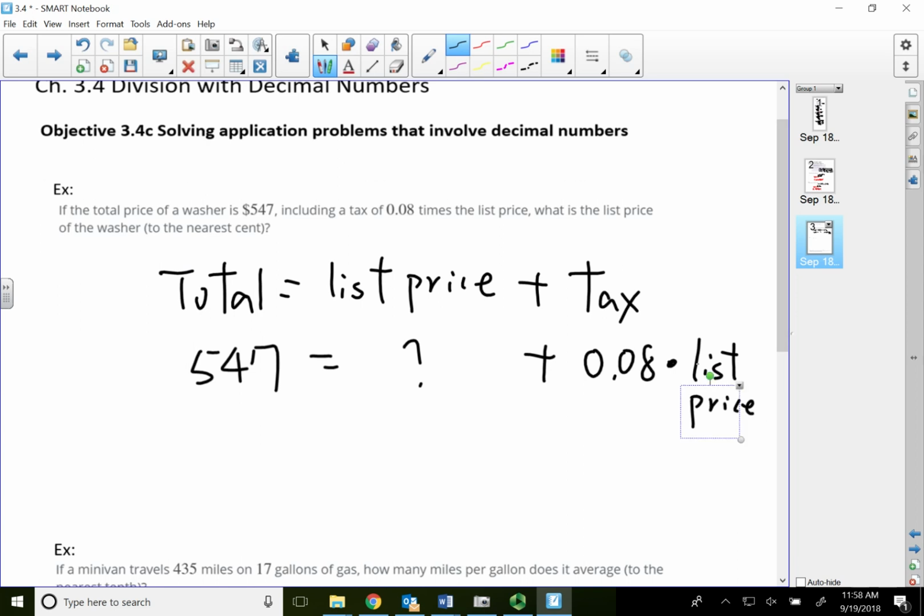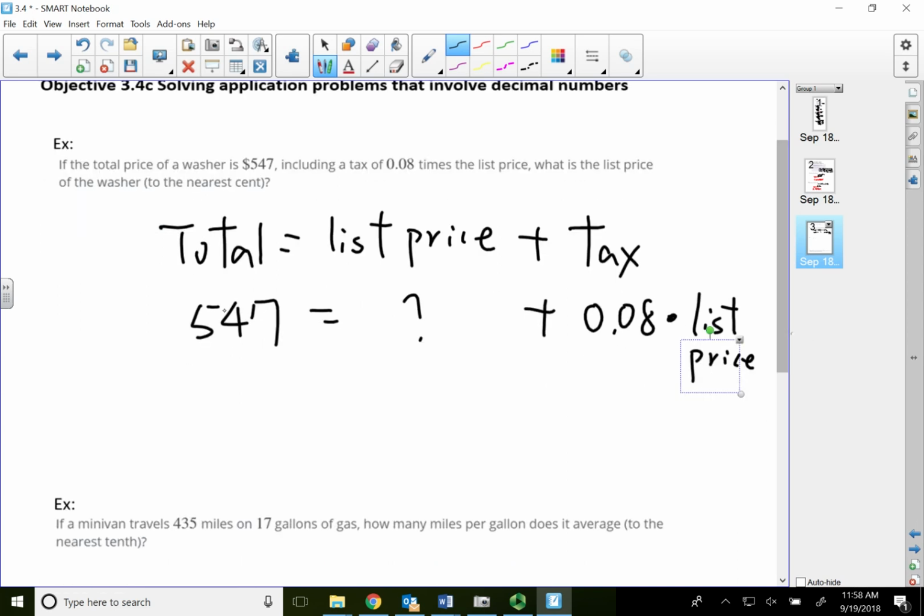Okay, so let me explain this real quick, okay? So basically, this $547 consists of two different things. It consists of the list price and the tax. And the tax actually comes from 0.08 times the list price as well.